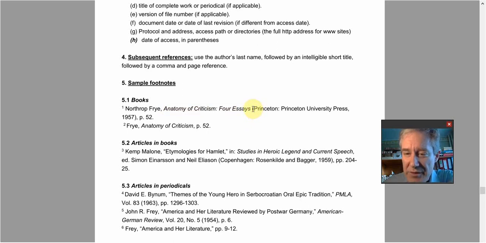Now we have information about the publishing company that published this book. And this information is in parentheses. These little brackets here, these round brackets, also called parentheses. First we have the name of the city where the book was published, Princeton. This is a small city in America. And then we have a colon, these little two dots here. And then the name of the publishing company, Princeton University Press. So this is the company that published this book.